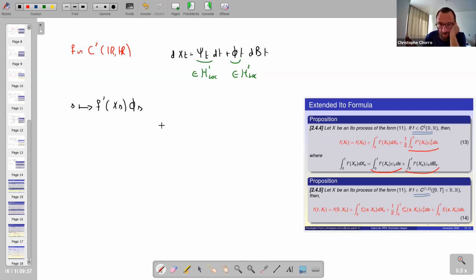If I want to give sense to this stochastic integral, I have to check whether this belongs to H2 log under my condition. But why do I have this? What can I say about this?